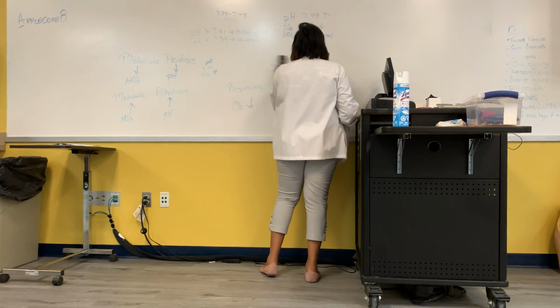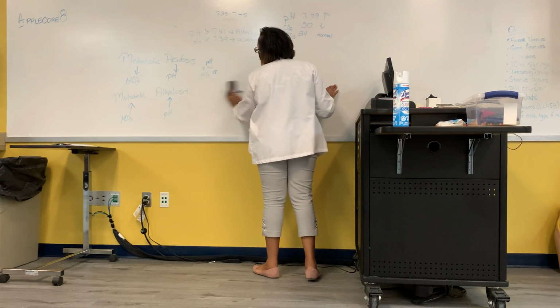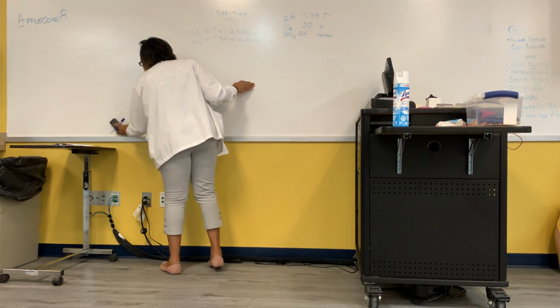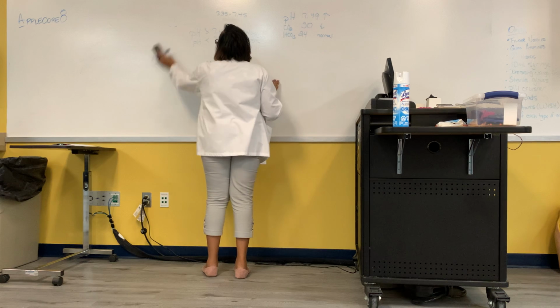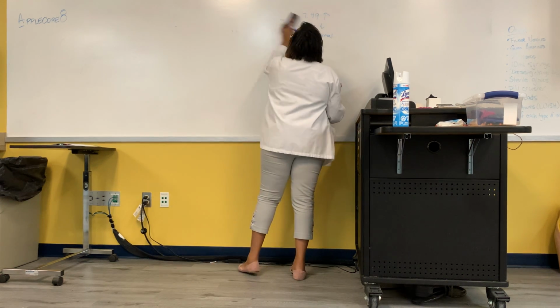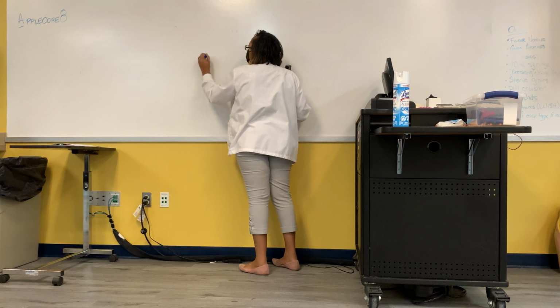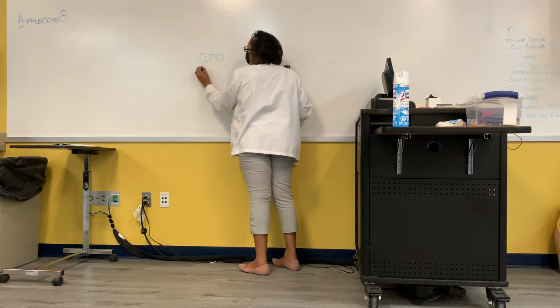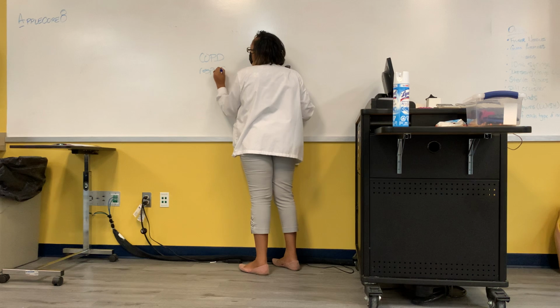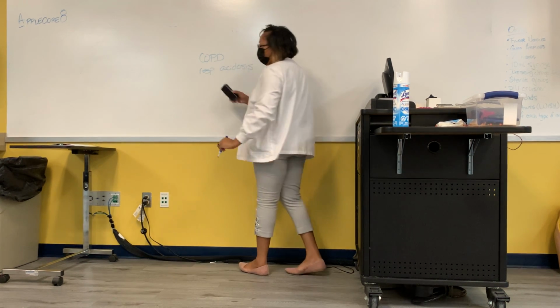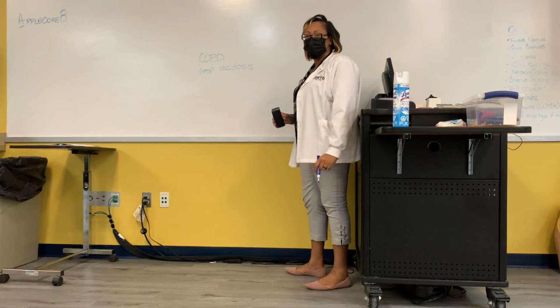If your patient has COPD, which type? Respiratory acidosis. Yes, because they're keeping the oxygen, holding it in, so a COPD patient has respiratory acidosis. So give me a number that would equate to respiratory acidosis.